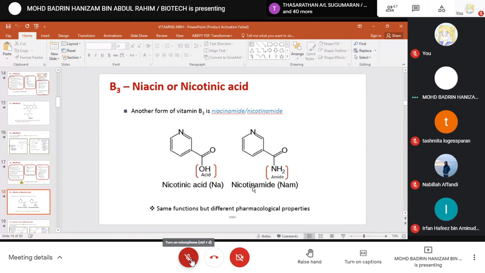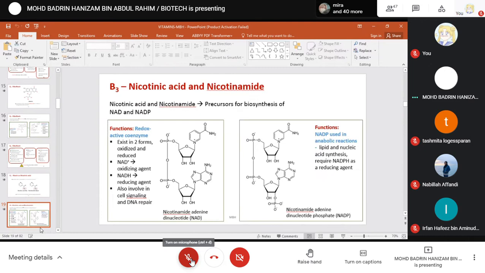Although niacin and nicotinamide are very identical in vitamin activity, nicotinamide does not have the same pharmacological properties, in that nicotinic acid has a lipid-modifying effect. All right.